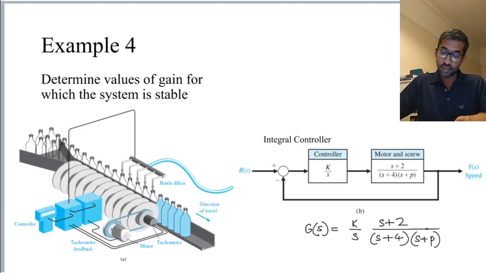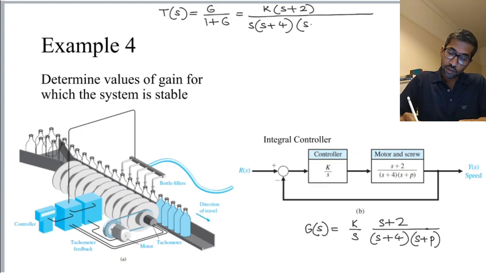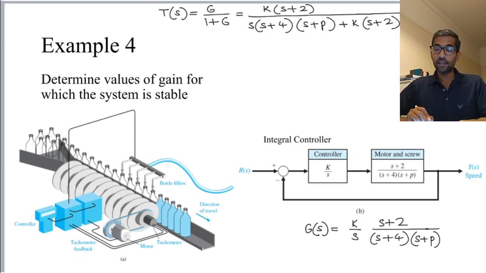As we looked at in the previous case, our transfer function is simply g over 1 plus g. If we write this, we would get k(s plus 2) over (s plus 4)(s plus p) plus k(s plus 2). I'll let you work this out and see that what I've written is right.